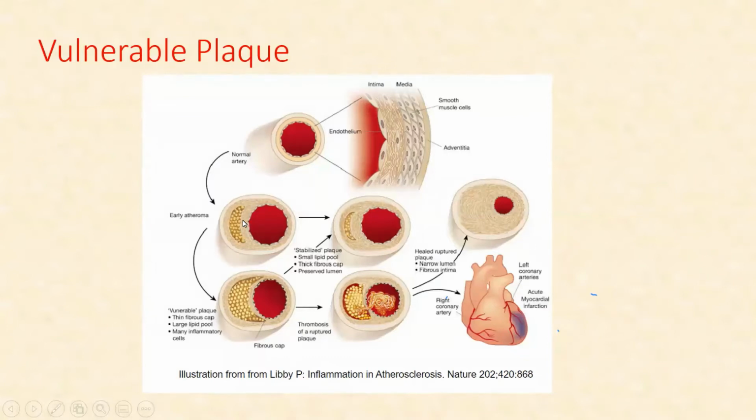The thinner the fibrous cap and the richer the lipid core, the more vulnerable the plaque is. If you compare this one here, you see the fibrous cap is thick and the lipid core is just a small part. So this is a stable plaque. Compare this one with that much lipid and this thin fibrous cap. This is more vulnerable, more susceptible to rupture and acute thrombus formation.